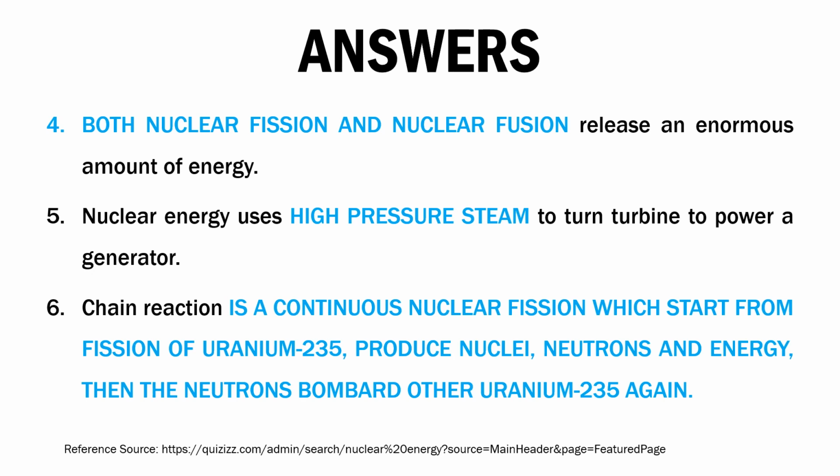For question 4, both nuclear fission and nuclear fusion release an enormous amount of energy. Question 5. Nuclear energy uses high-pressure steam to turn turbine to power a generator. And for the last question, chain reaction is a continuous nuclear fission which starts from fission of uranium-235, produces nuclei, neutrons, and energy. Then the neutrons bombard other uranium-235 again.